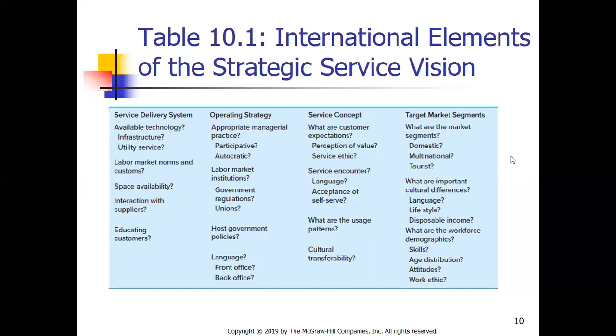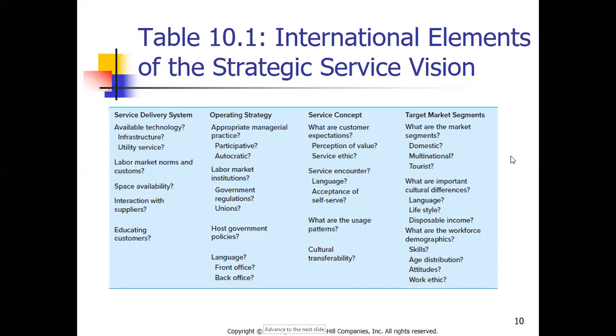And then in terms of the interaction with suppliers, maybe you are looking at the host government policies, the usage patterns, and the demographics, language, and so on. These are some of the things that could influence your operation in another country.